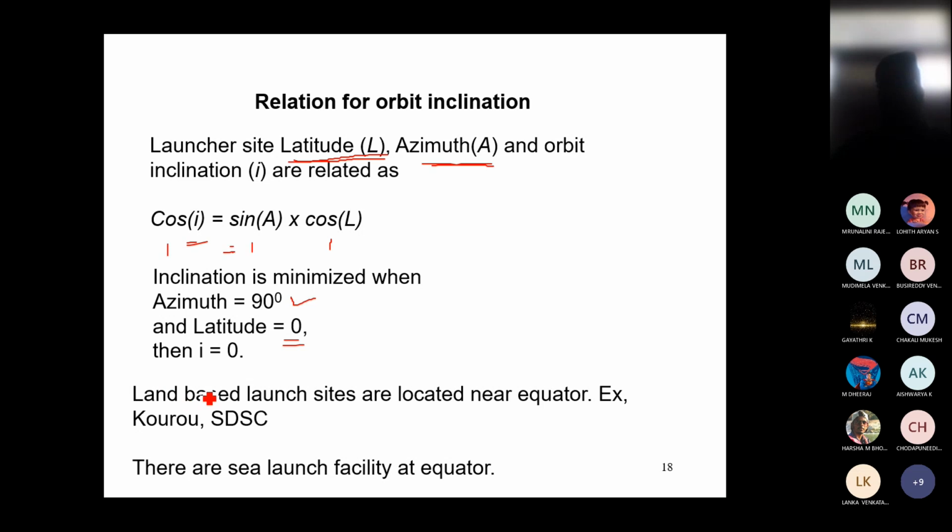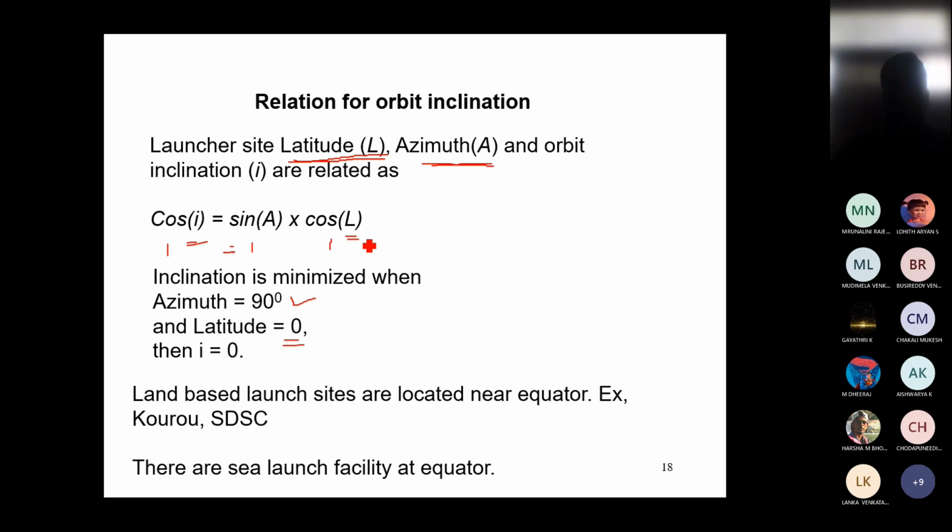So that is why the land-based launch sites are located near equator. For example, Porur, SDSC, and even in our country, we are launching from Sriharikota. Although it is not exactly on equator, but somehow near to equator. And in our case, in India particularly, the latitude of Sriharikota is towards northern hemisphere.